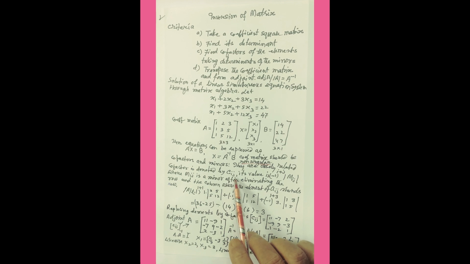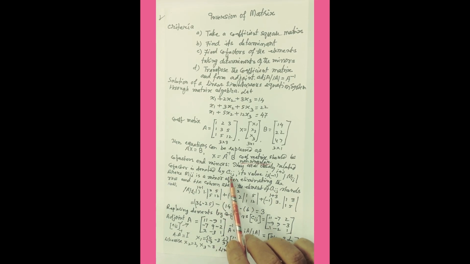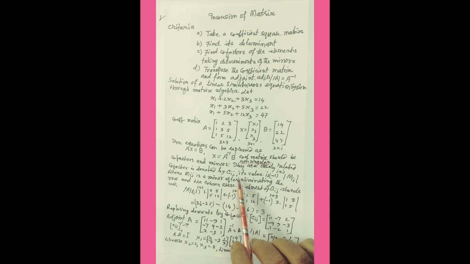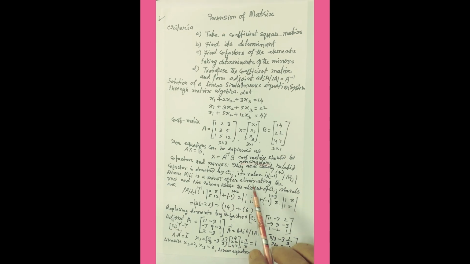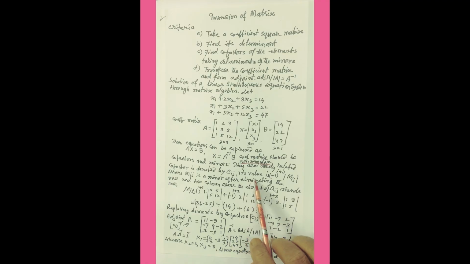If we expand i and j, we will get C11, C12 and so on. Its value is minus 1 to the power i plus j into minor Mij. So the sign is determined by this formula.